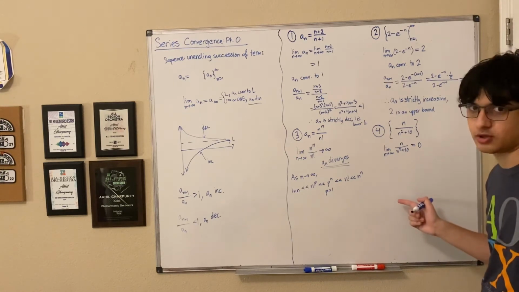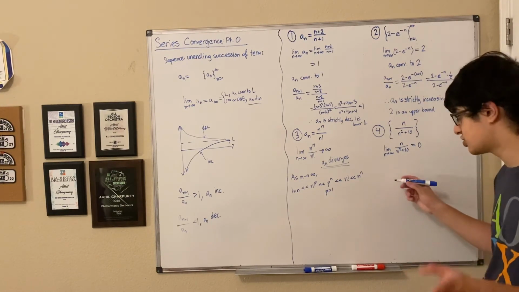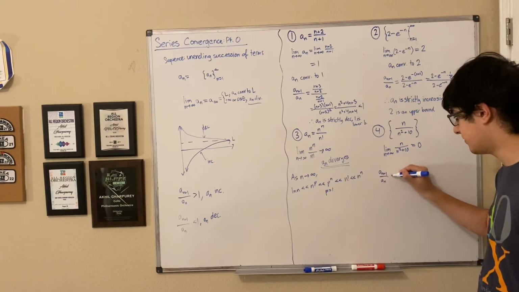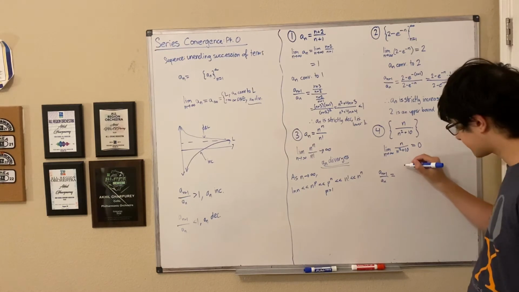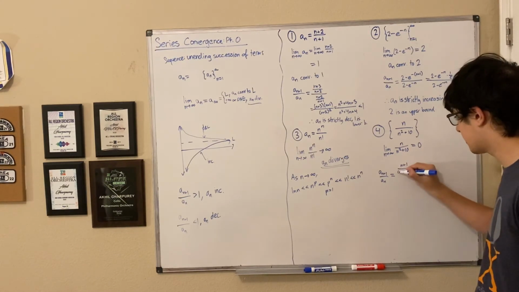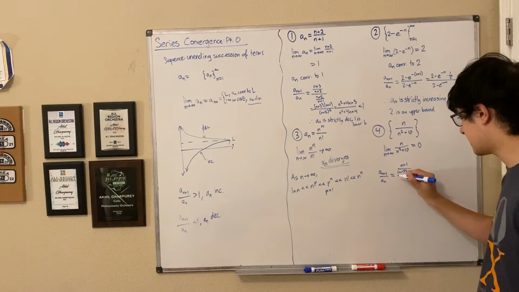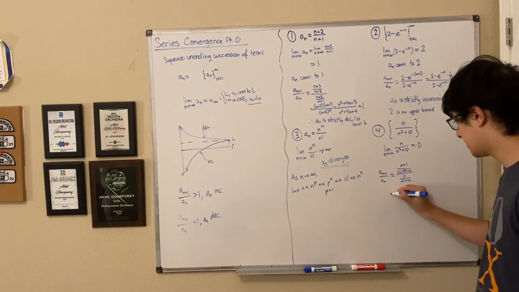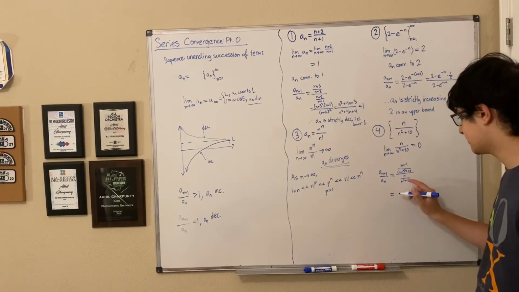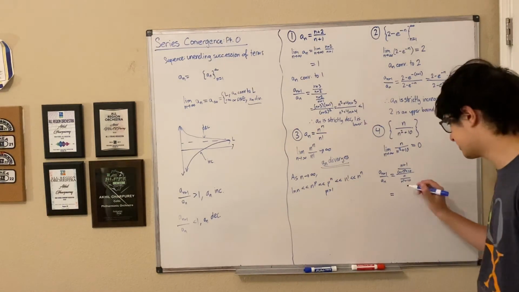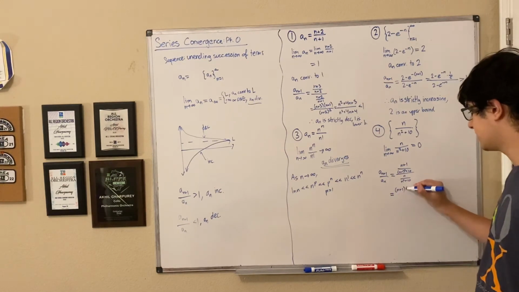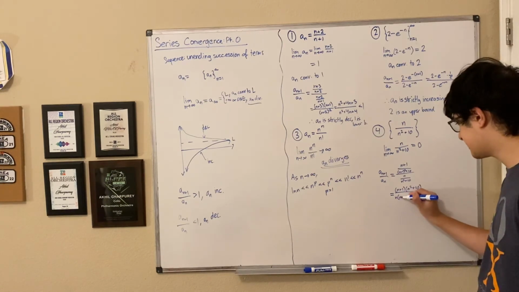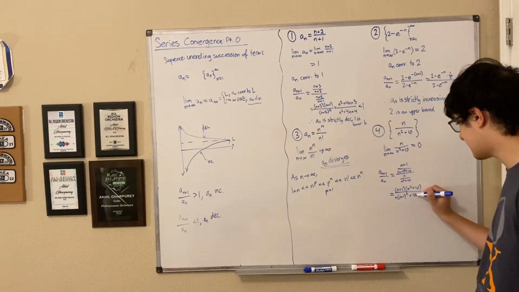So we know that 0 is going to be a lower bound, but let's just do the ratio anyways, just to prove a point here. a sub n plus 1 over a sub n is going to be equal to n plus 1 over n plus 1 squared plus 10 divided by n over n squared plus 10. If we just multiply by the reciprocal, this is n plus 1 times n squared plus 10 divided by n times n plus 1 squared plus 10n.